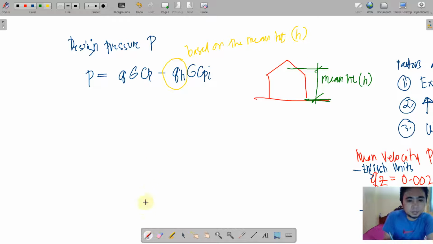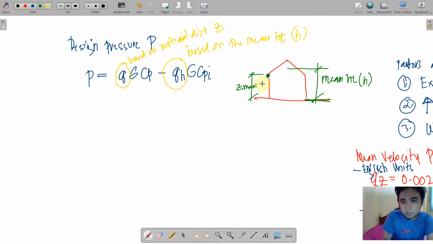Ngayon, ano naman yung Q dito? Yung Q dito, based on vertical distance Z on wall. So, nasan yun? So, the highest point, the Z maximum is the highest point up to the roof level. So, that is Z max.